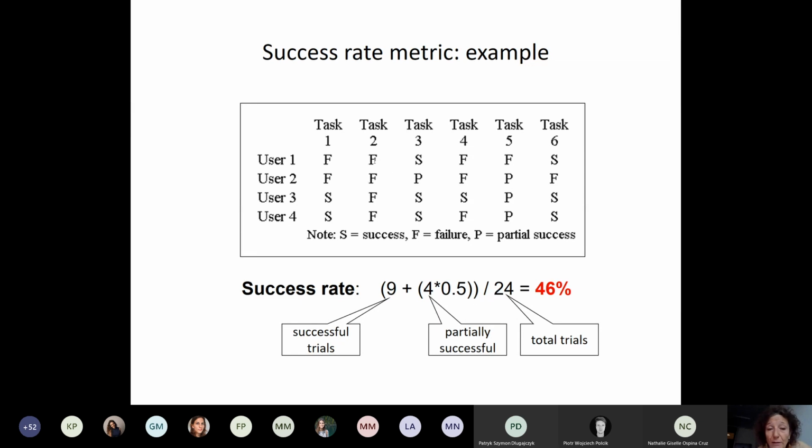So it's a weight, giving half the value to the partially successful one. Of course, if everything is a success, you will have a high value for the success rate. A 0.5 for partial success means I'm taking into account the fact that you tried and you got at least to some point, even though you were not fully successful.